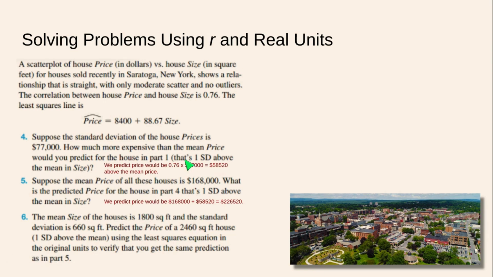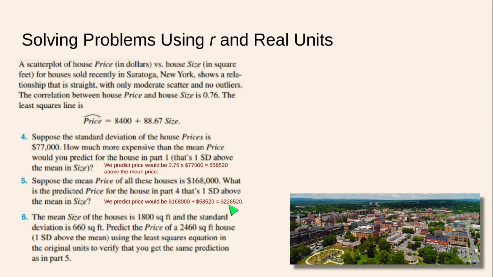If we substitute this in for size and do a little bit of arithmetic, we should get the same estimated price as we did for part 5. So you try it for yourself: substitute this in for size, plug and chug, and see if you get a similar predicted price.